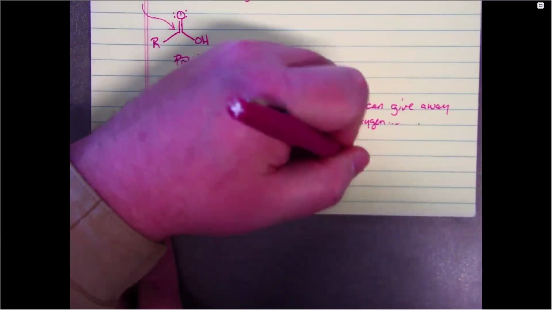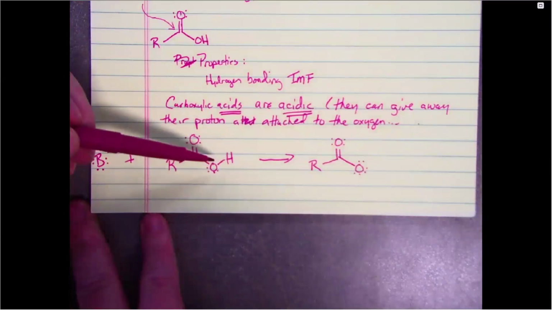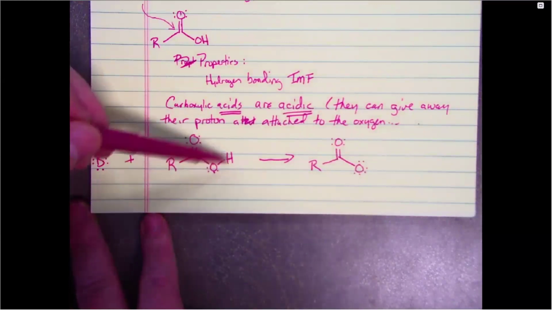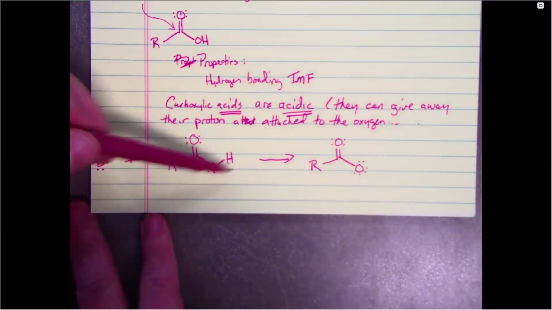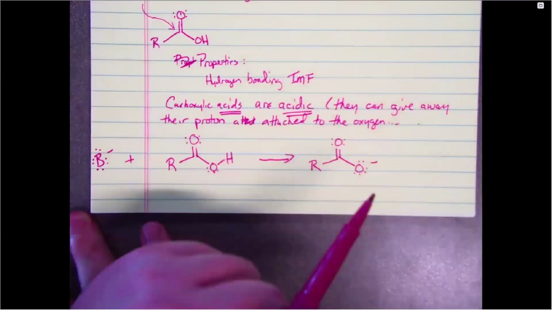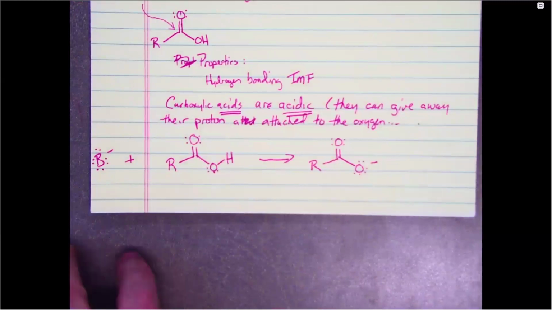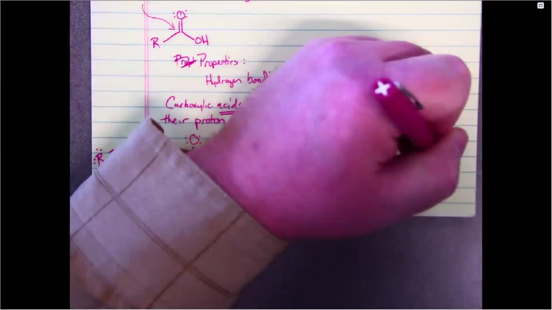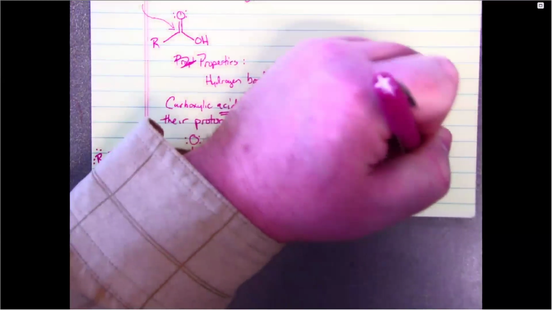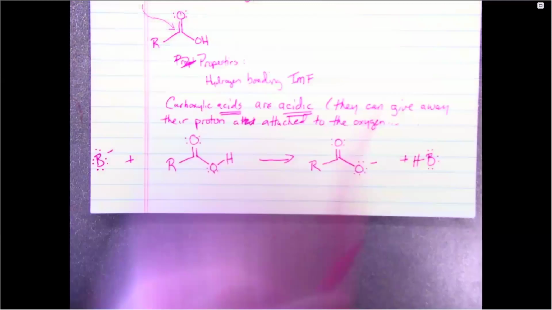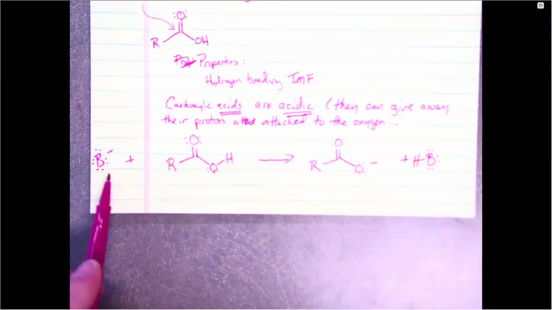this oxygen is left without an H+. So since this thing didn't have any charge at all, and we've taken an H+ away from it, now the molecule has a -1 charge. And since our base has now picked up an H+, whereas it was a -1 charge before, now it doesn't have a charge.